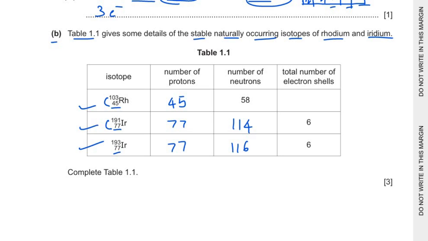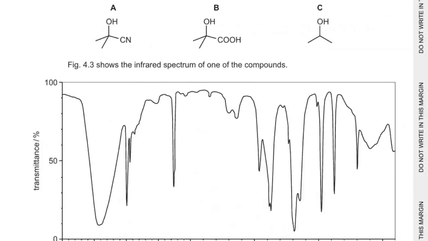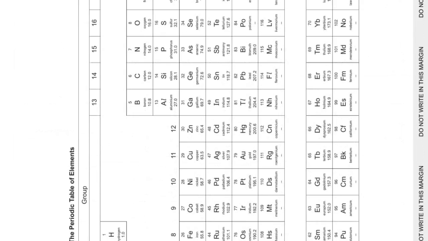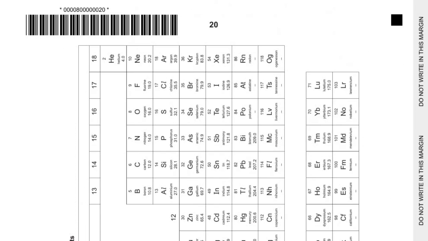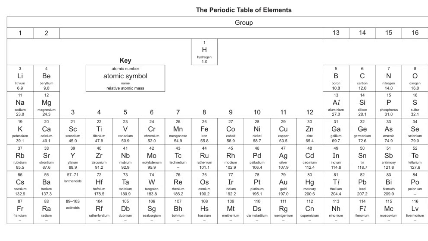Now the total number of electron shells here. To see the total number of electron shells, we need to look at the position of rhodium in the periodic table, and let's have a look into the periodic table given here at the end of the question paper. Yes, here is the periodic table. In this periodic table we can see that rhodium is here.